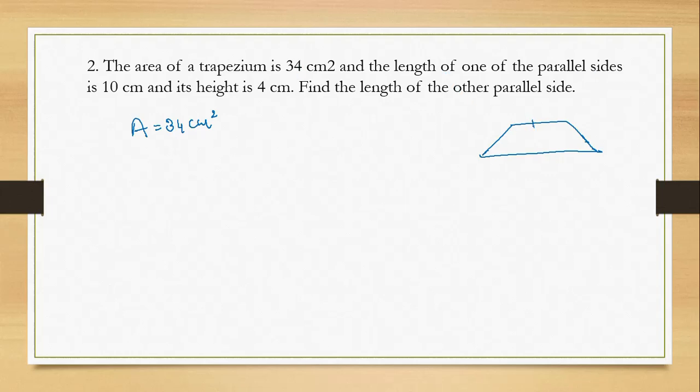So let us consider this as one parallel side, given as 10 centimeter, and the height is also given, h is equal to 4 centimeter, and we want to find the other parallel side. Already they have given the area, 34 centimeter square.